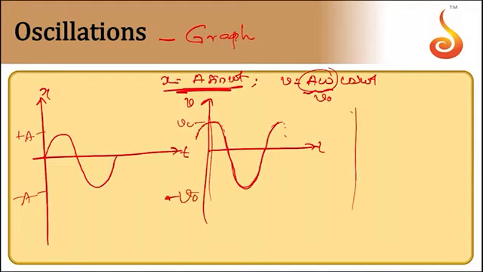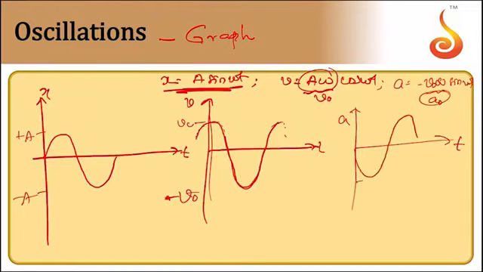Suppose you want to draw the acceleration versus time graph. How do you do this? Now, acceleration is given by minus v₀ω sin ωt. This is the maximum acceleration. So the graphical representation of acceleration versus time is something like this. This is minus a₀ while this is plus a₀.